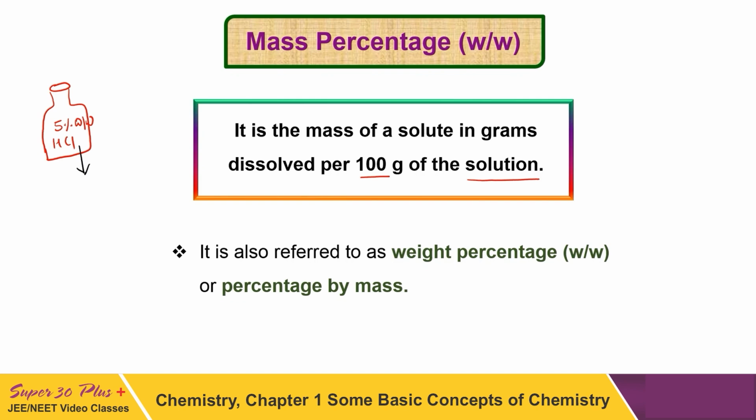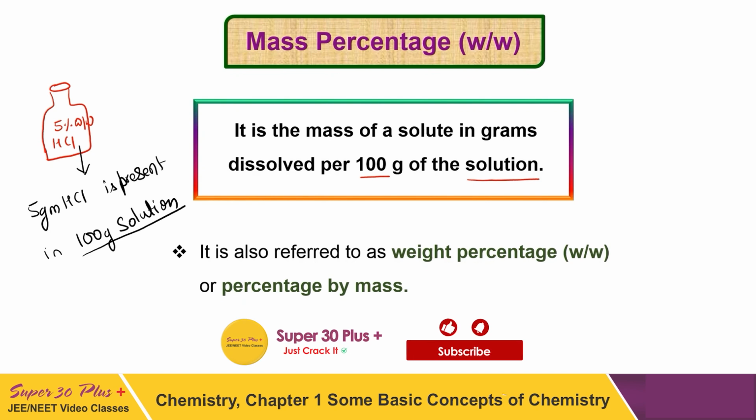It simply means 5 gram HCl is present in 100 gram solution. Important. I am not saying 100 gram solvent. Overall, 100 gram solution contains 5 gram of HCl. So in total, 5 gram HCl is present in the 100 gram solution.